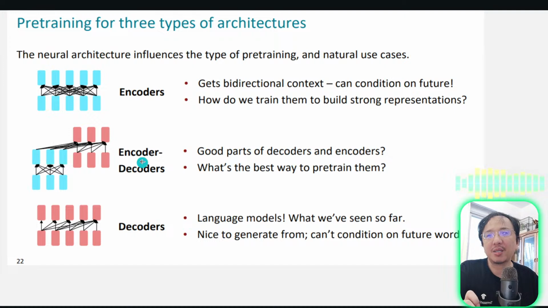So one is the encoder-decoder. Why not use it for the transformer architecture if we have one? You can have an encoder or a decoder, or maybe you can have both. So why not use both?